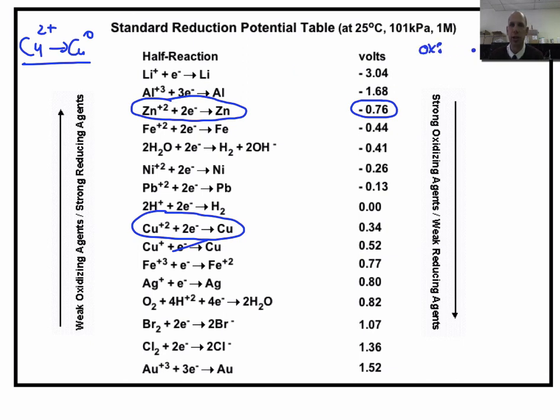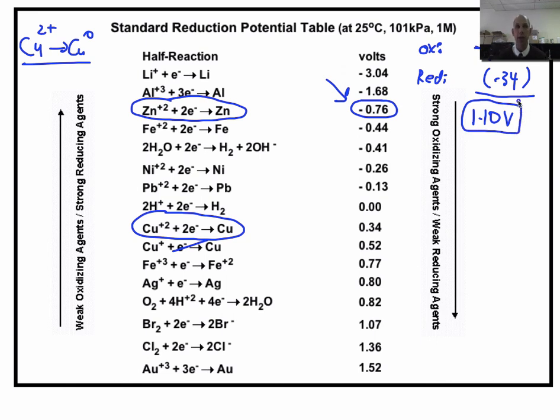So we take the oxidation half reaction and we make it negative, and we take the reduction half reaction and we just add it to it. So this one was right here, negative 0.76, and the copper was 0.34. So the overall voltage is 1.10 volts, and that is your E cell for the reaction.